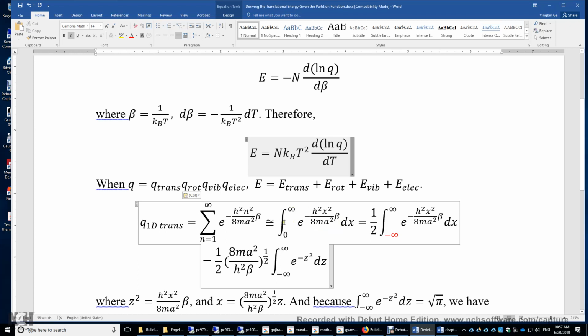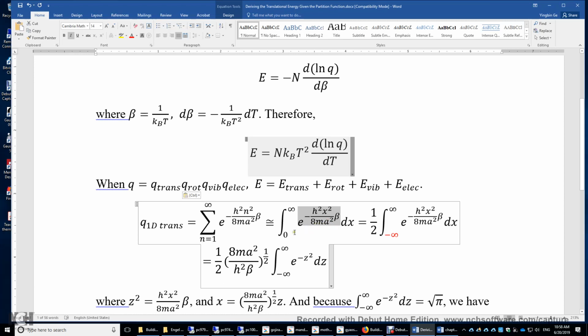Then we just need to integrate this. I also changed this n to x, just for simplicity. This Gaussian function of x is an even function.